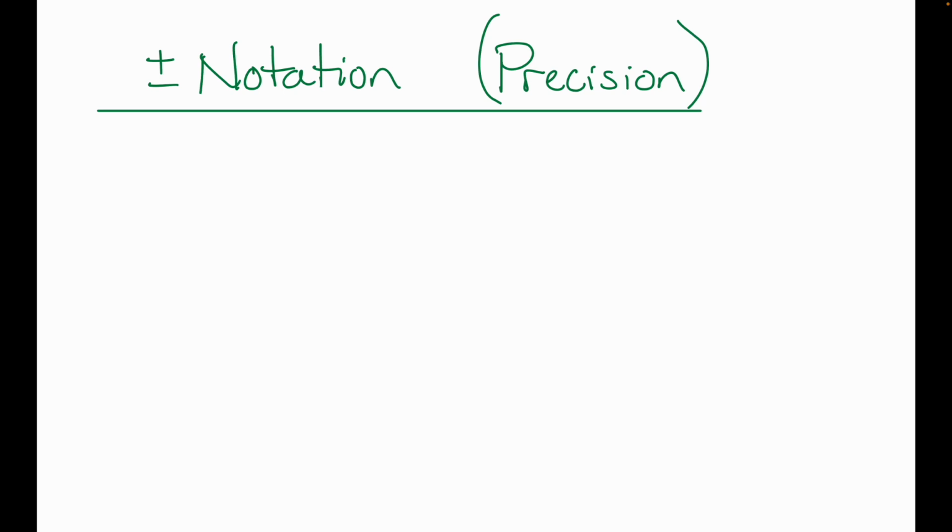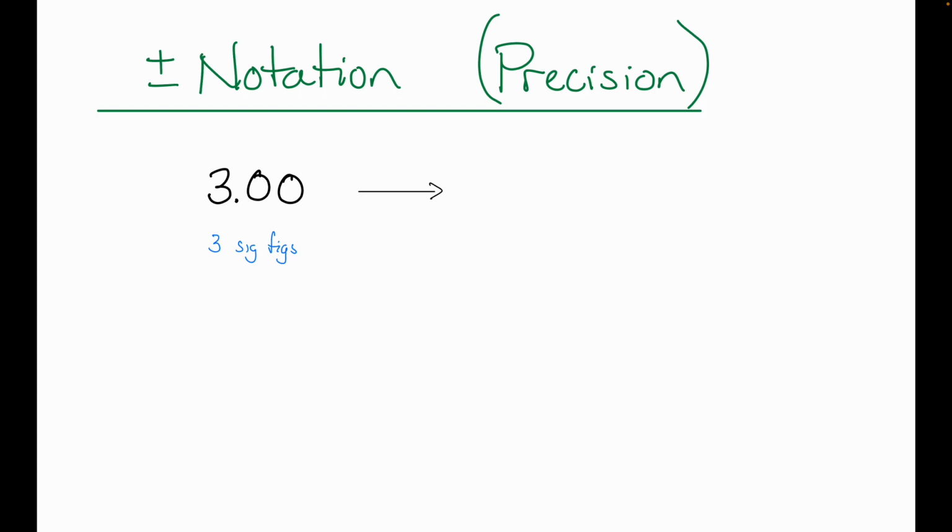We have a number like 3.00. Okay? Based on looking at that number, what can we say about that number in terms of the number of sig figs it has? It's got 3 sig figs, right? Those trailing zeros count. You can also represent this exact same thing using this precision notation, okay?